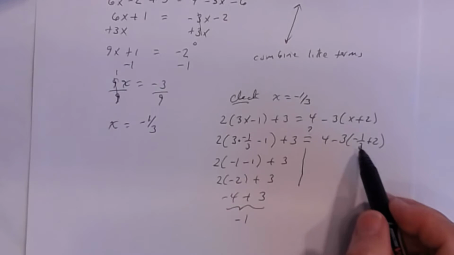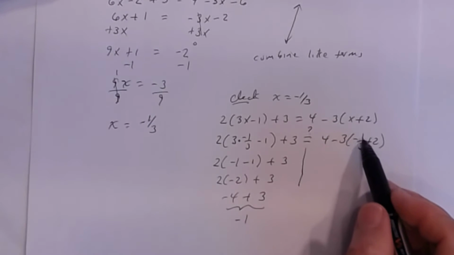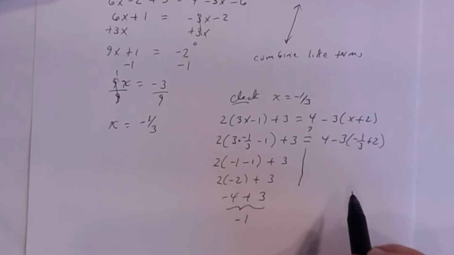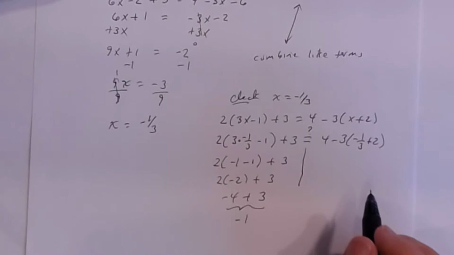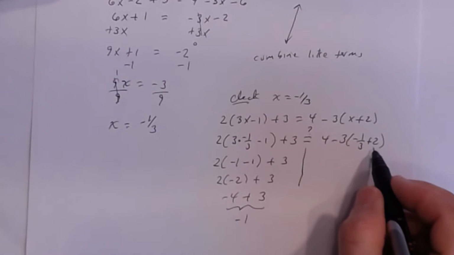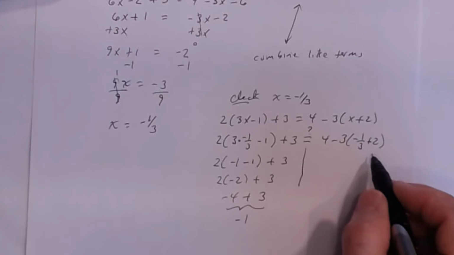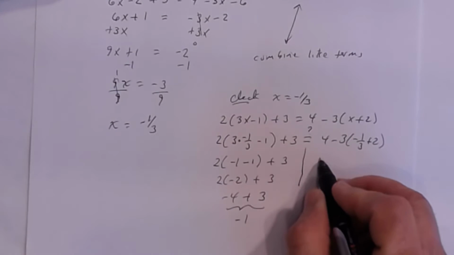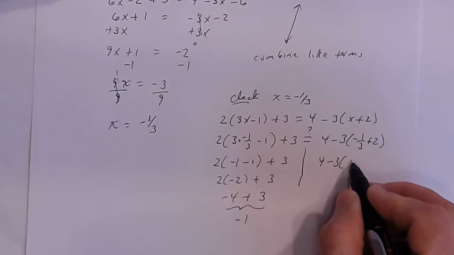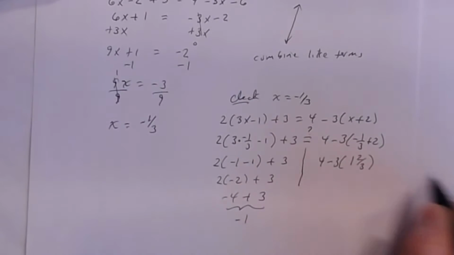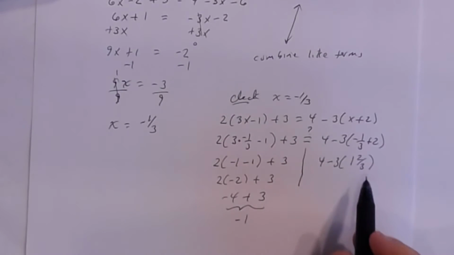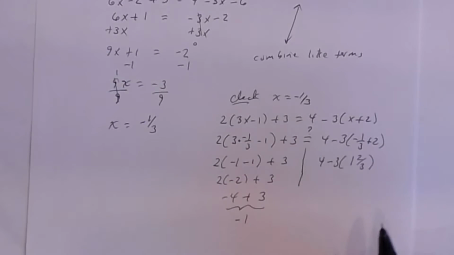So remember, you do grouping symbols first. Negative 1/3 plus 2 is 1 and 2/3. So this becomes 4 minus 3 times 1 and 2/3. Okay? Now, you may say, well, how did I get this? Well, remember, that's just arithmetic.